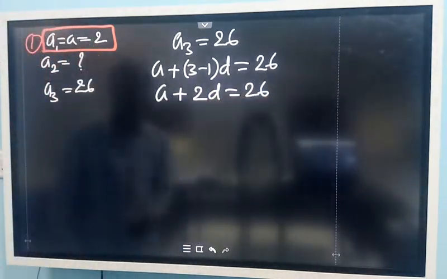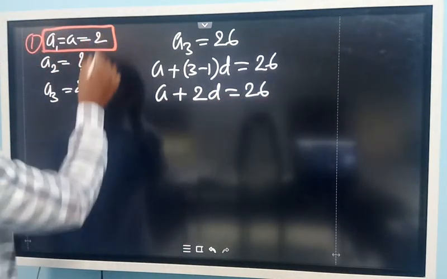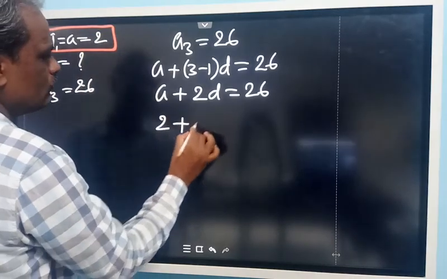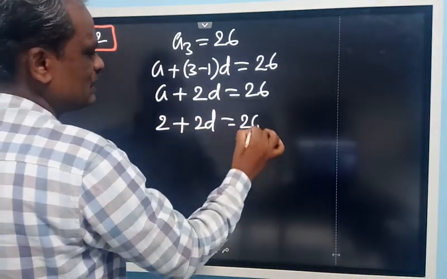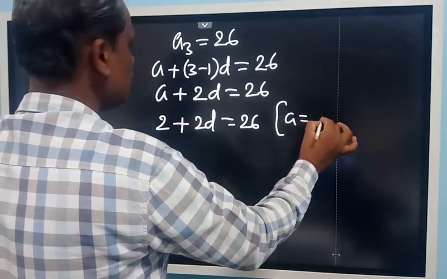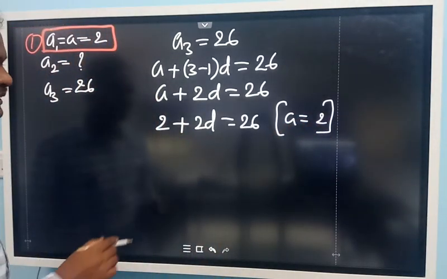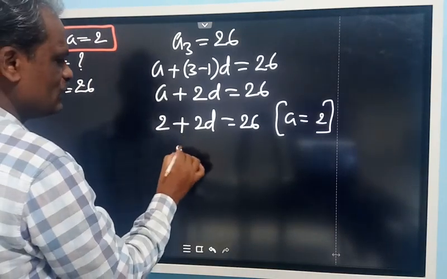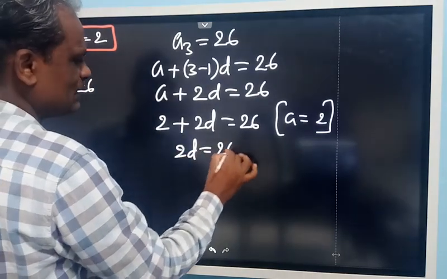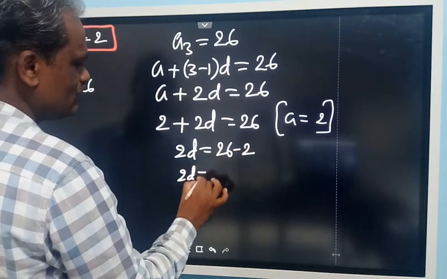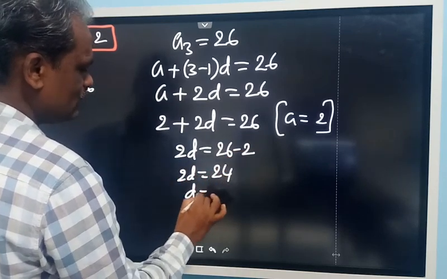And you already know a, the first term. So substitute here. 2 plus 2d is equal to 26, because a is equal to 2. The first term is 2. So now 2 plus 2d is equal to 26 means 2d is equal to 26 minus 2. 2d is equal to 24. d is equal to 12.